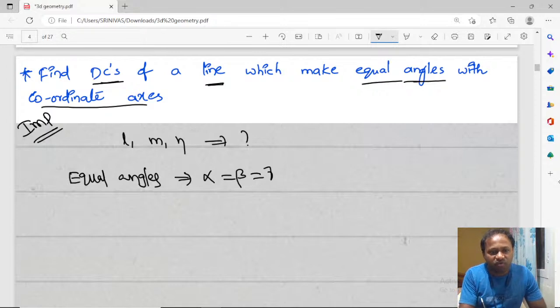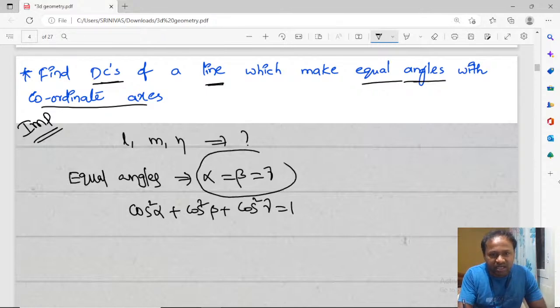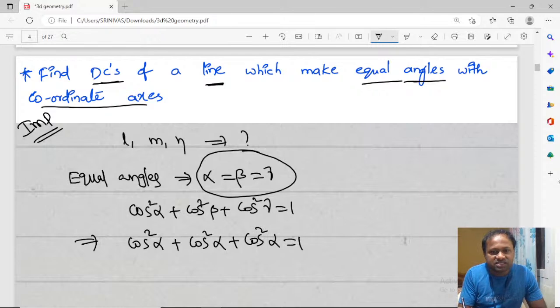We have one property: cos square alpha plus cos square beta plus cos square gamma is equal to 1. But we have one condition, alpha, beta, gamma are equal. So how can we write it? Cos square alpha plus cos square alpha plus cos square alpha is equal to 1, because alpha is equal to beta is equal to gamma.